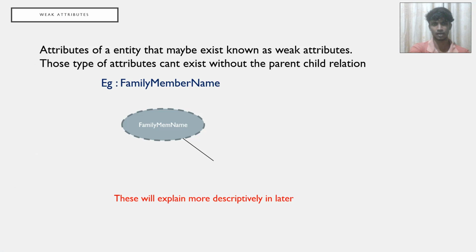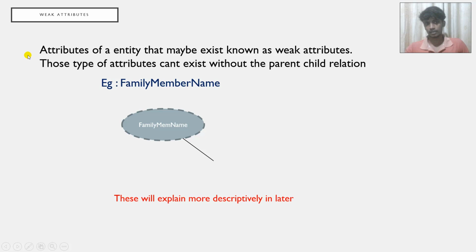So if you have source files or resources for the DBMS, just follow those definitions. My definition is somewhat wrong. It's correct at this stage, but maybe it's better you follow the standard definition.